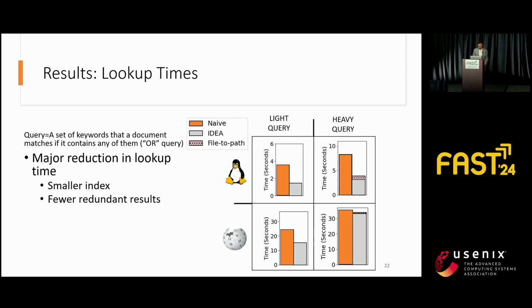And we achieved a major reduction in lookup time. The reason that we achieved that was a much smaller index and fewer redundant results. I mean, when we looked up the index, much fewer chunks were returned instead of the number of files. And then in the chunk to file map, we just had fewer lookups.